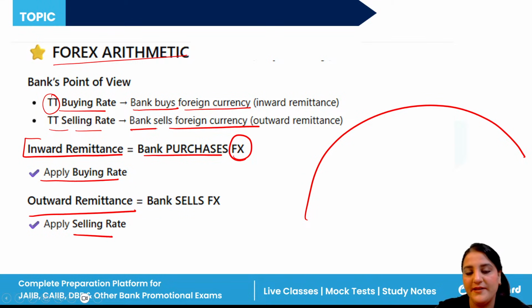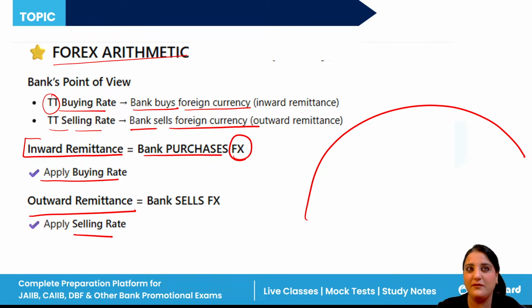Some important things, if we take the example of an inward remittance. The customer gets US dollar 1000 to the bank via Nostro, right? So the bank applies the TT buying rate in that case.